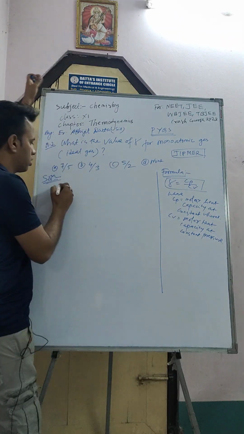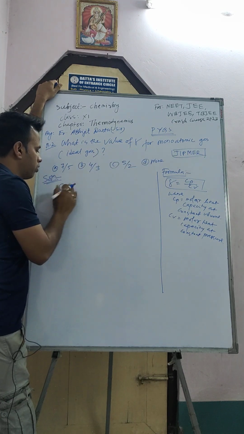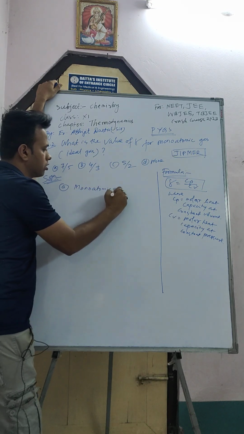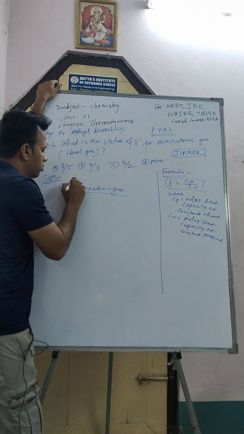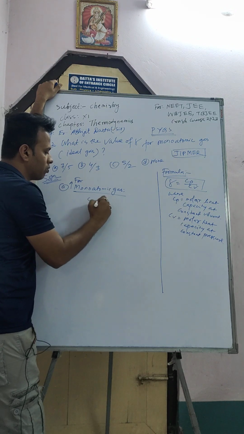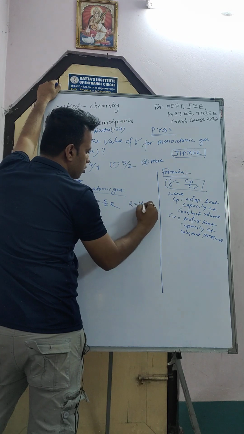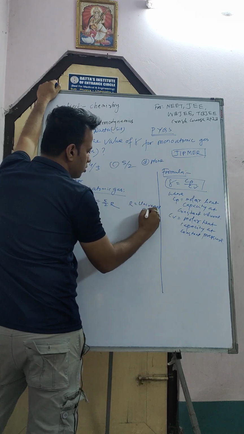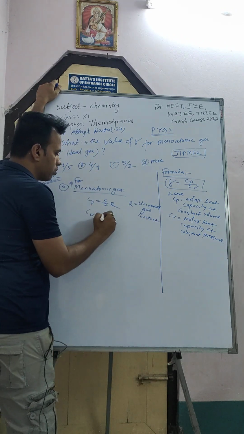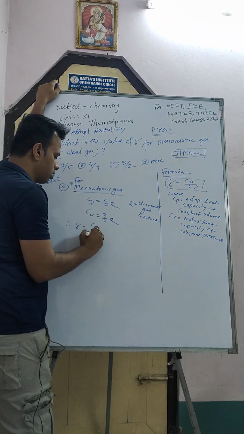Okay, so what is the value of gamma for monoatomic gas? You have to remember, for monoatomic gas, Cp is 5 by 2 R, where R is the universal gas constant, and Cv is 3 by 2 R. Okay, so gamma will be Cp by Cv.